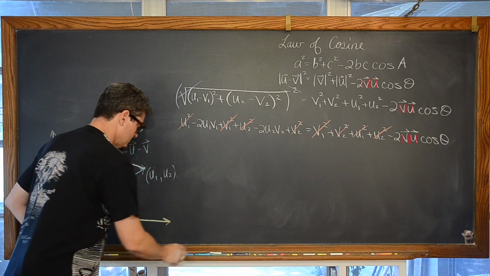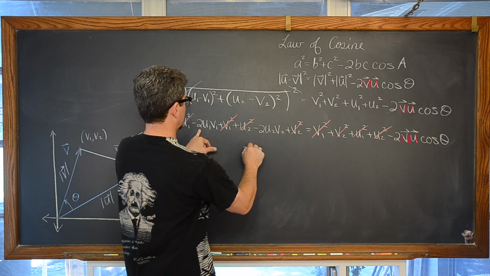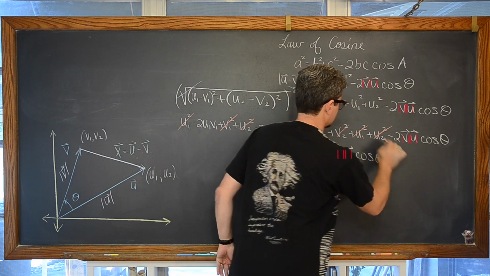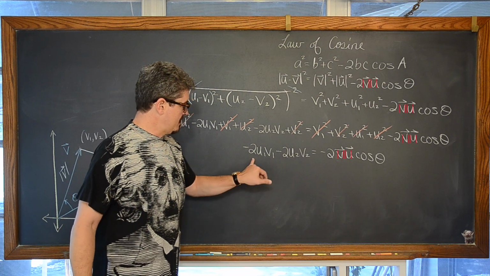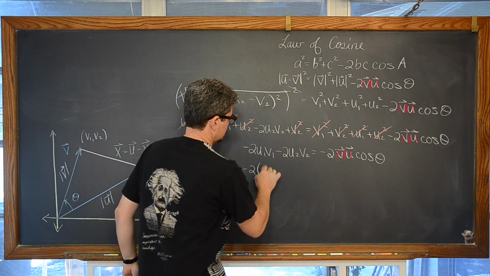Now what do we have? Okay, cleaning that up, we've got this going on here. Each of these two terms has a factor of -2, so we're just going to pull that out.